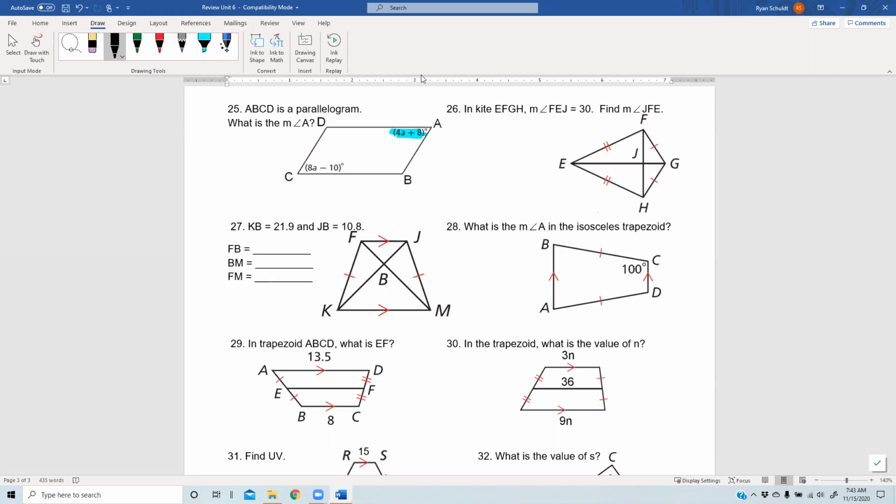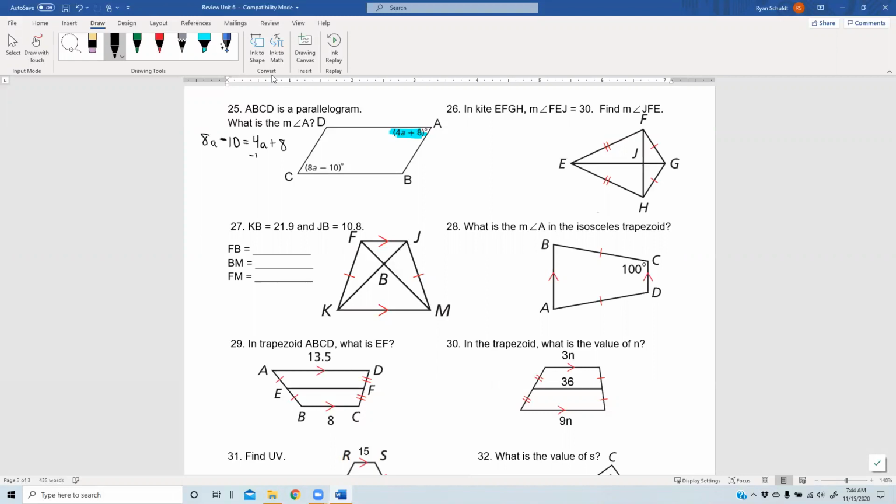They're congruent. So I can say 8A minus 10 equals 4A plus 8.